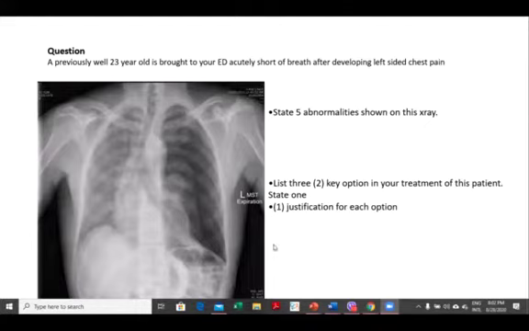Look at this side. Sulcus. And this side.